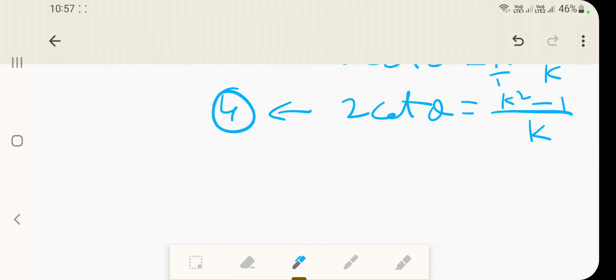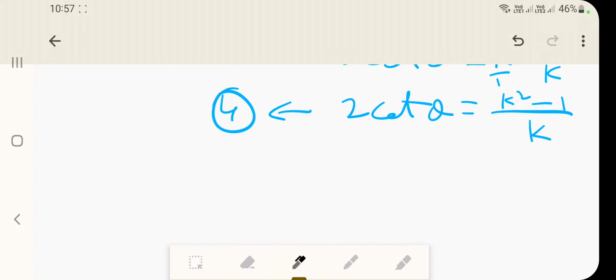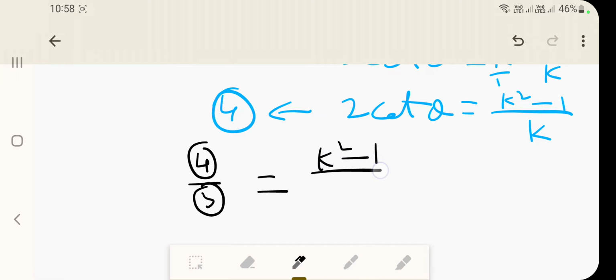Now we are going to take the ratio of these two, equations 3 and 4. What they have asked is to show that k square minus 1 by k square plus 1 is equal to cos theta. So we do dividing 4 by 3. We get k square minus 1 by k divided by k square plus 1 by k.